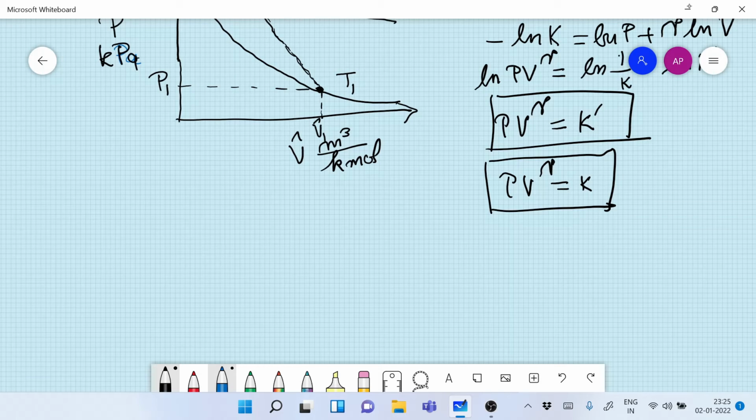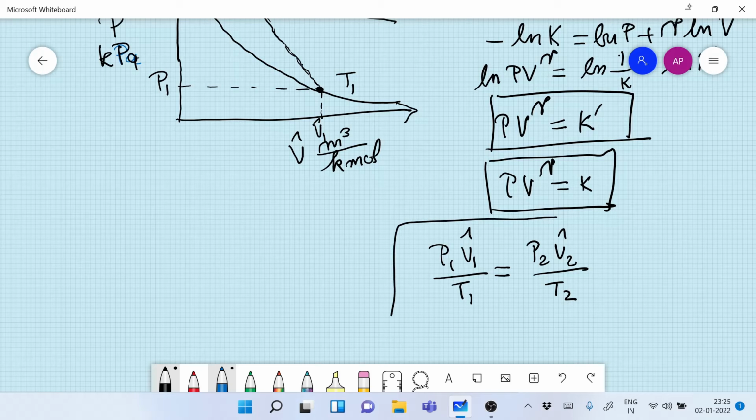Many people have a question: is the equation P1 applicable to an adiabatic process?